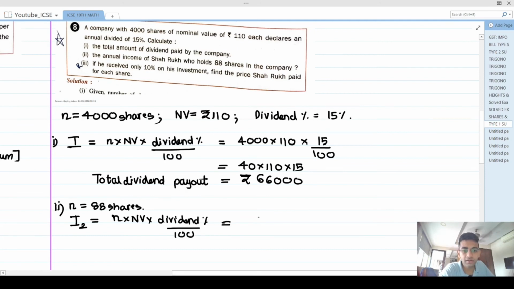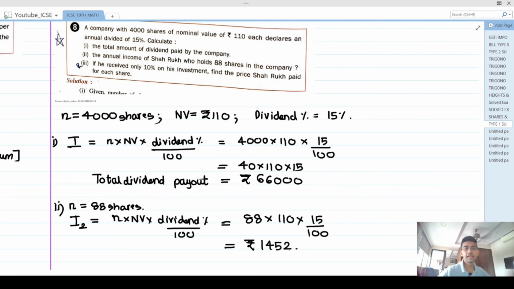So N is 88. NV given is 110. Dividend percent is 15 upon 100. Let's go ahead and calculate this. You will get rupees 1452. This is what Shahrukh earned on owning 88 shares of that company.